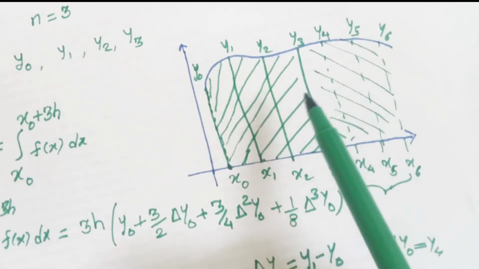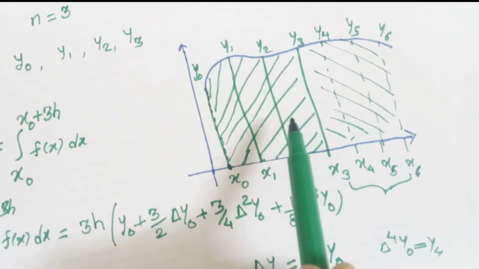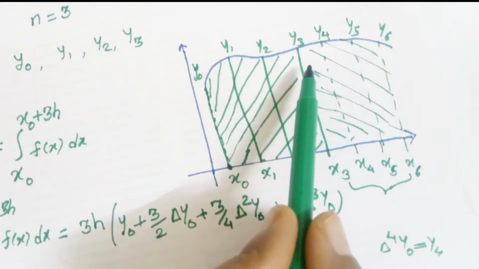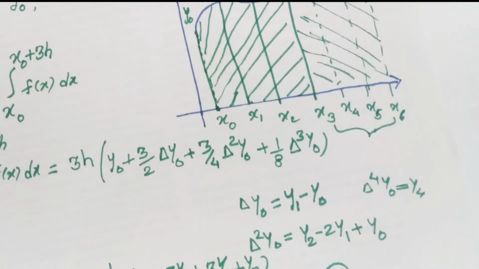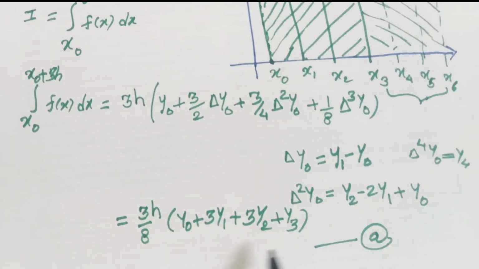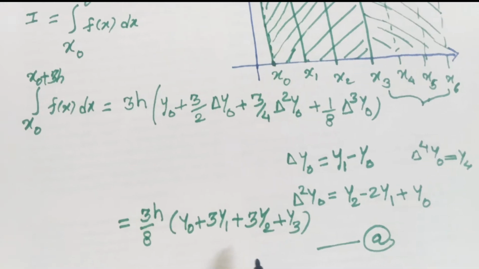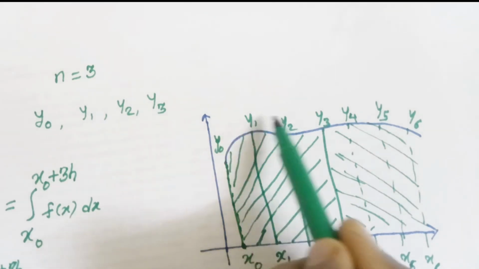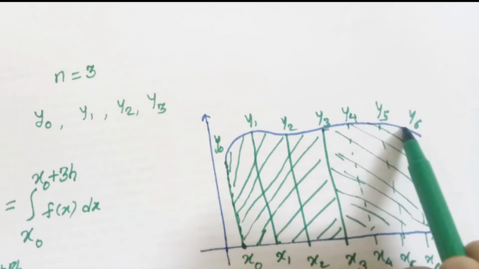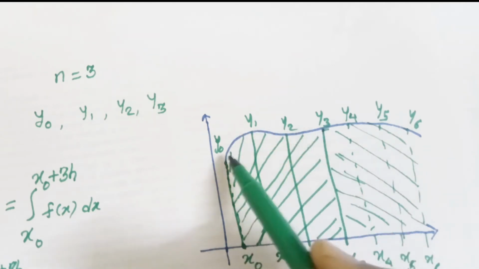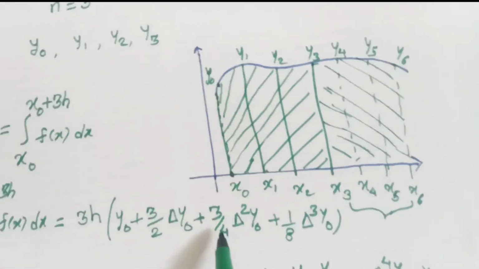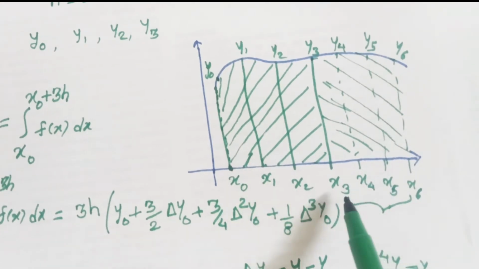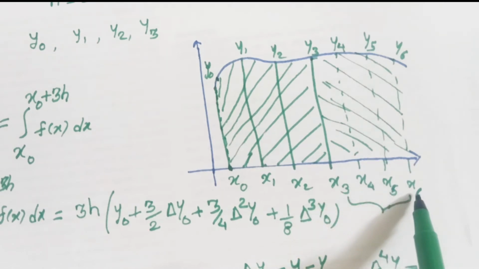In the last lecture I discussed Simpson's 3 by 8 rule, and at that time I already explained how to do the integration easily. Here we do not again apply Newton's Cotes quadrature formula and find this type of integration; we directly solve this. How? You just have to replace. Finding the area from x0 to x3 is similar to finding the area from x3 to x6.